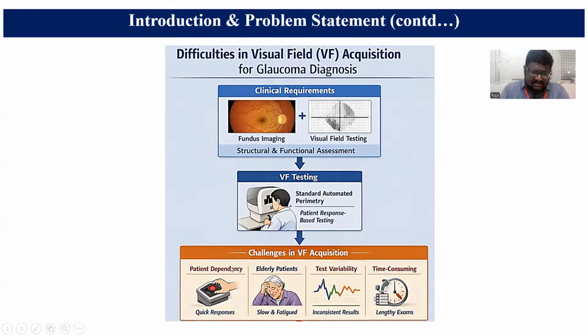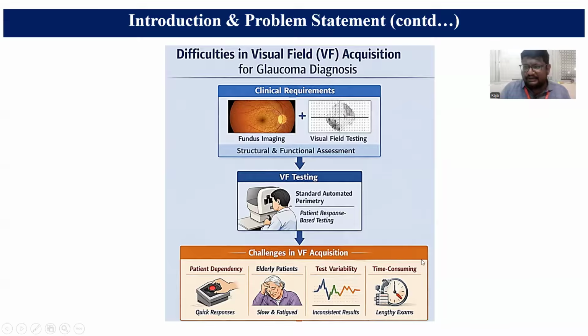The patient has to make quick responses, and particularly old people affected by severe diseases like glaucoma find that very tough. In several surveys, glaucoma patients have specifically mentioned that taking the fundus image or OCT is not much of a botheration, whereas visual field acquisition has been a nightmare for old patients.